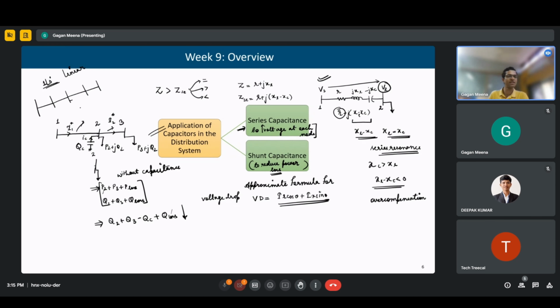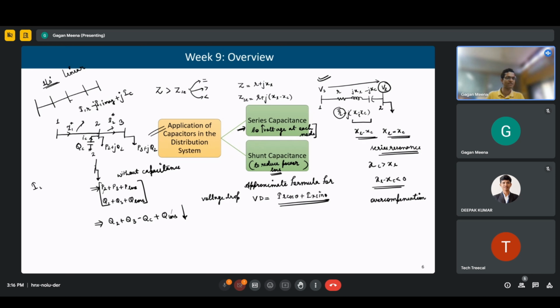So this current is, let's say, I1 real part, if a lagging load is there, then minus J I1 imaginary part. But now this capacitor is also providing a current here, so it will result in plus J IC.